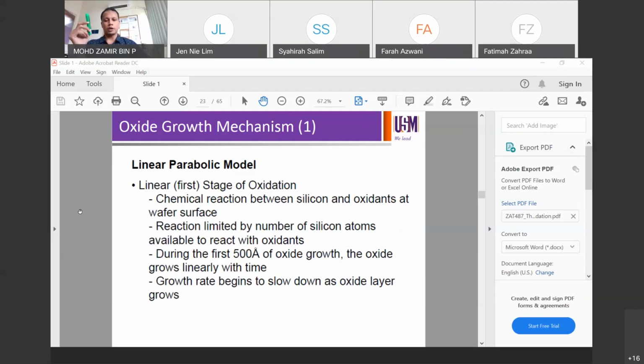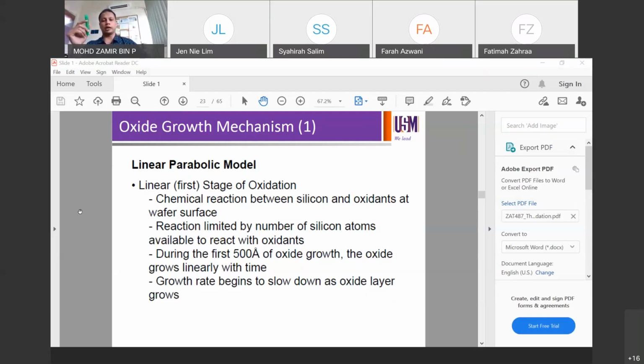So your number of silicon atoms on the surface will determine the reaction rate. So the more atoms that you have on the surface of silicon, the higher will be the oxidation rate. So the lesser atoms you have on your silicon will produce lower oxidation rate.